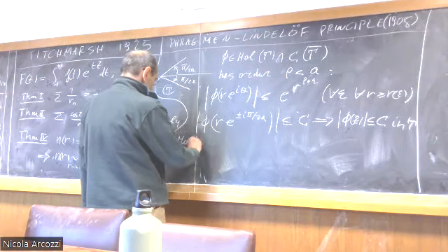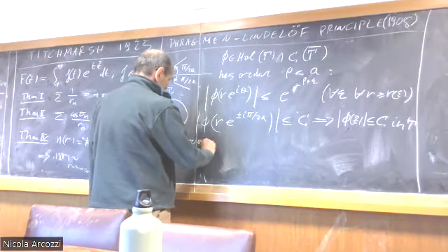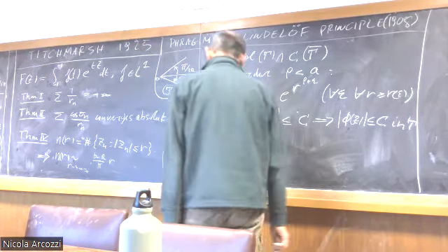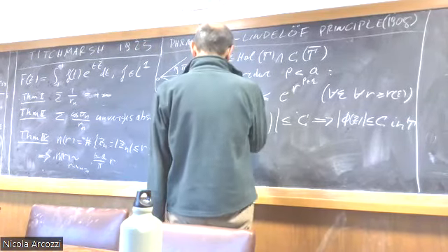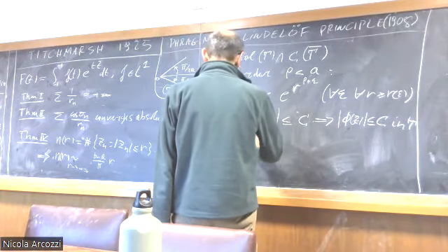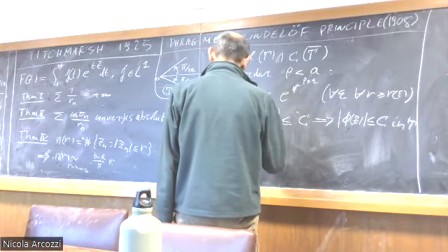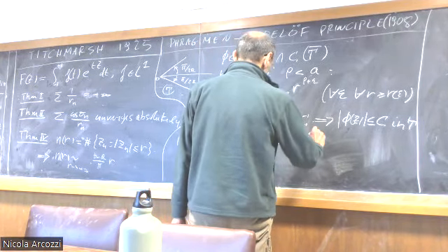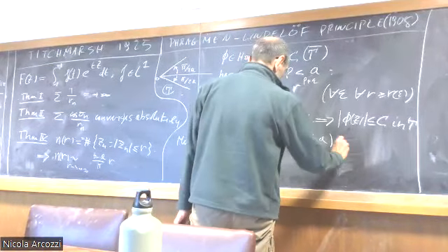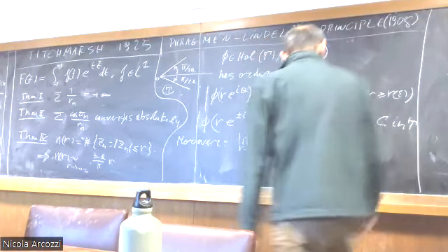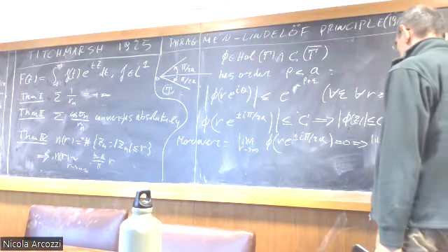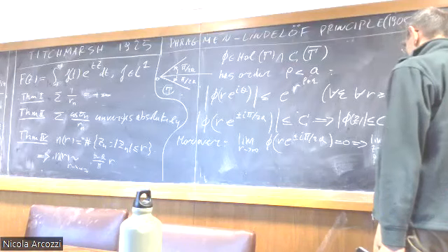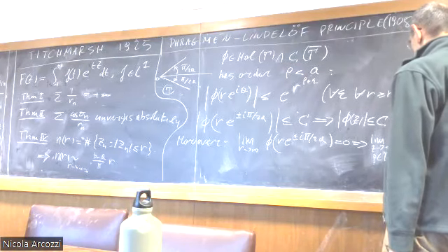Moreover, we will use as a kind of corollary: if the limit as r goes to infinity of phi(r e^{±i pi/a}) equals 0, then in fact the limit as z goes to infinity in T of phi(z) is 0.